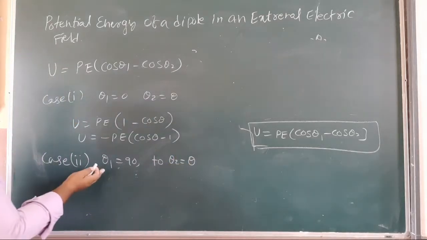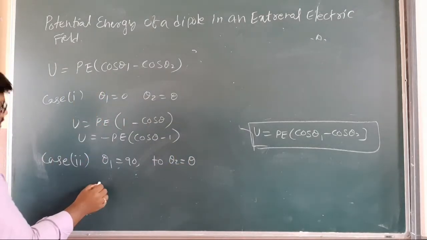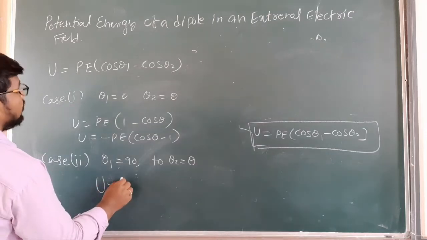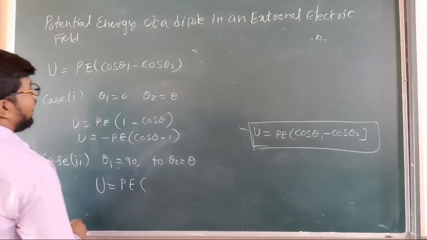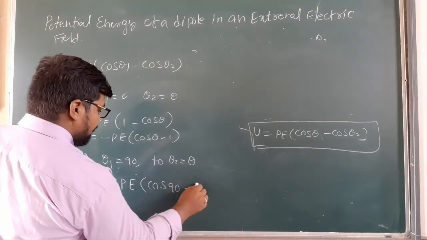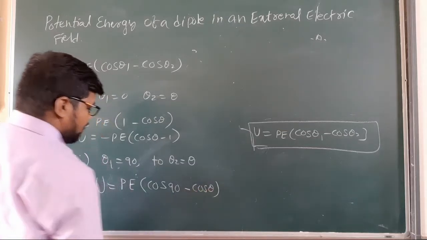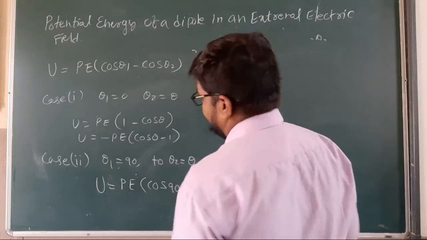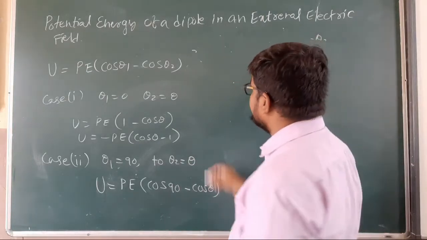So we have to substitute in this equation: potential energy PE (cos 90 degrees minus cos theta). Cos 90 is 0, so 0 minus cos theta. Okay, clear?